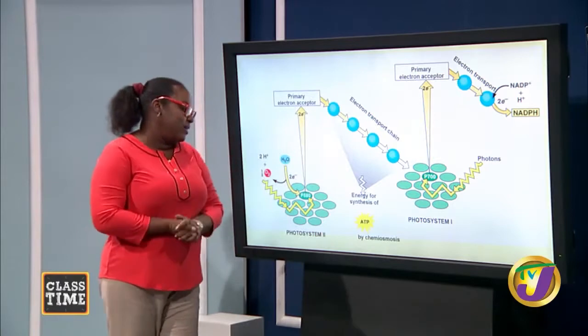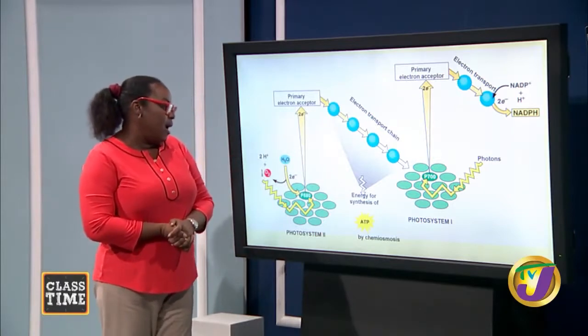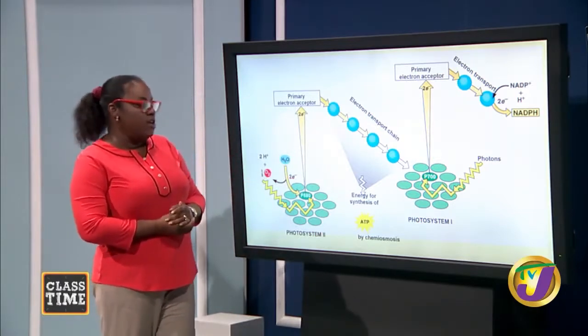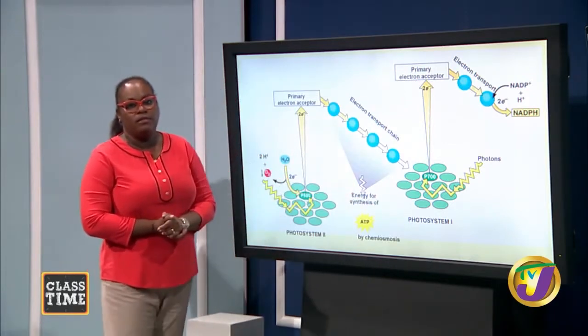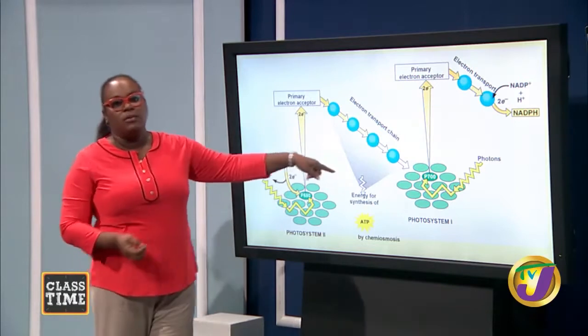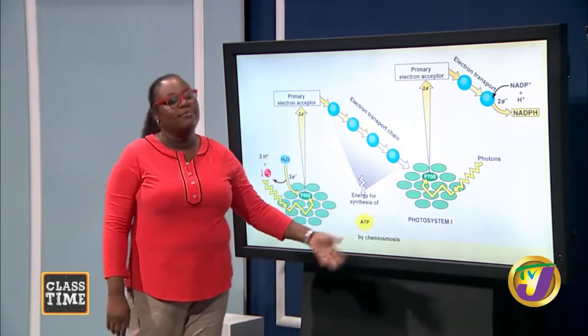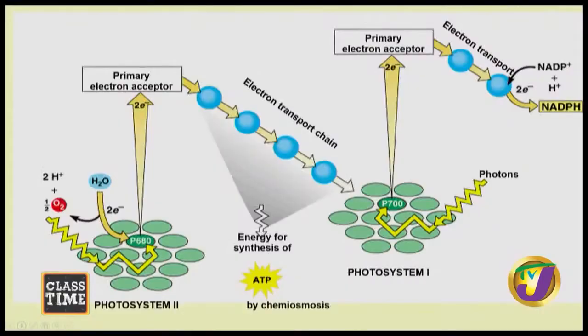Yes, they did not bother to give any fancy names to them. And just to let you know, the reason why one is called photosystem 1 and the other photosystem 2 is because photosystem 1 was discovered first and photosystem 2 was discovered afterwards. So that's the reason for the nomenclature.